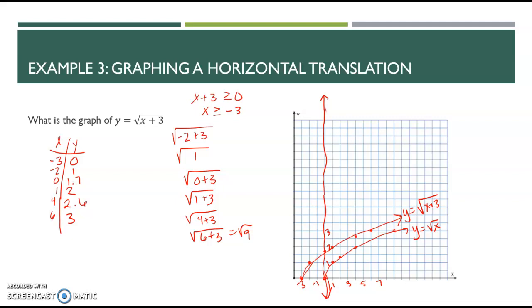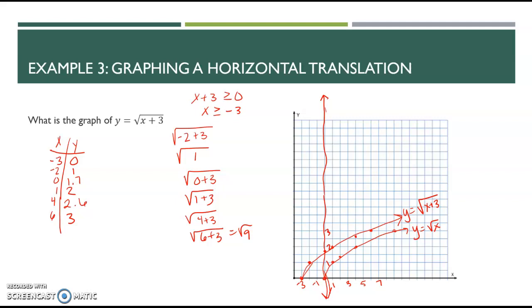But other than that, our numbers would be the same. If I had plugged in -1 for x, it would have given me the 1.4 that I get when I plug in 2 on my parent function. So it's all about how our numbers shift so that we can figure out our graph.